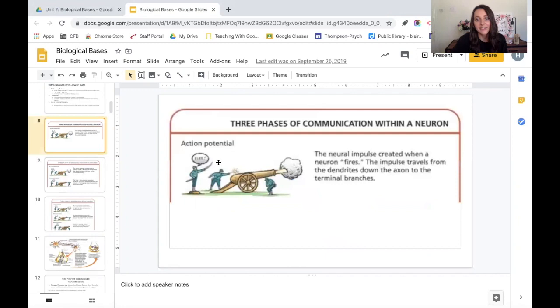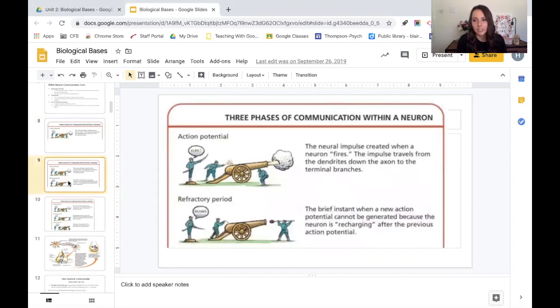We have your phases of communication with your neurons. You have your action potential. So that is where the neuron is actually firing. That message is traveling through the axon and they're moving from neuron to neuron. Then you have your refractory period. So this is after something has fired, the neuron has to rest.